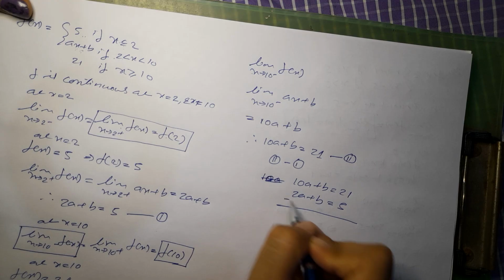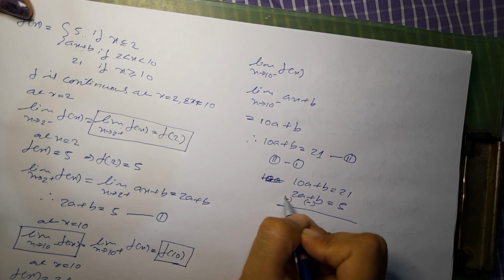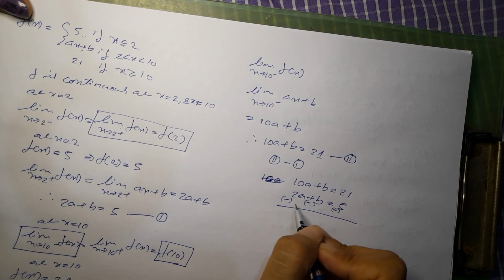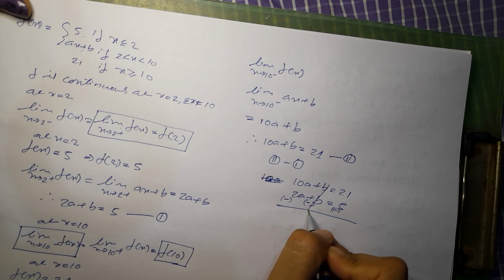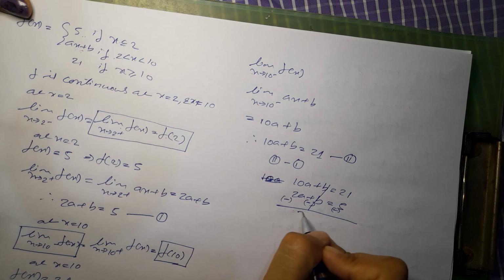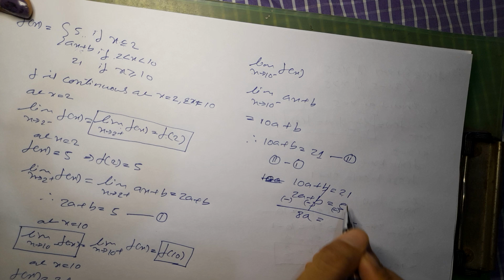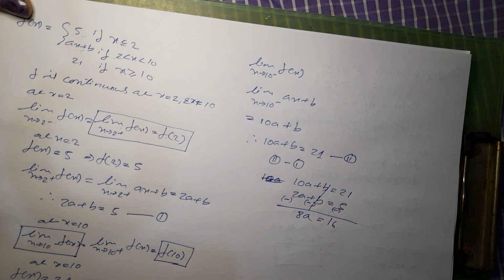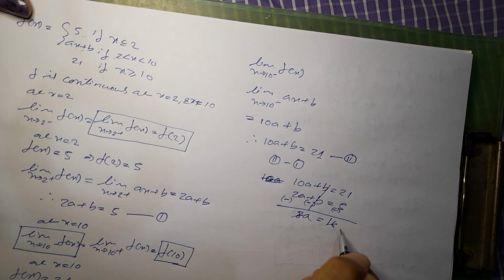The b cancels and gives 0, and 10 minus 2 gives 8a equal to 21 minus 5, that is 16. We know that 8 twos are 16, so a equal to 2. Now we got the value of a, put the value of a in equation 1.